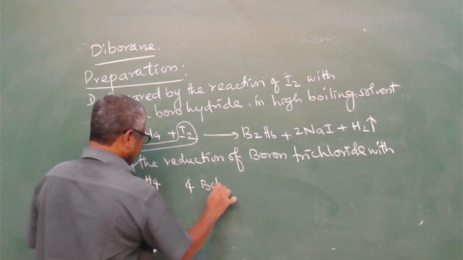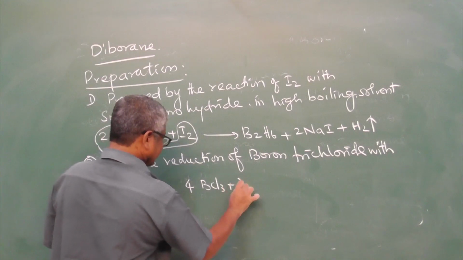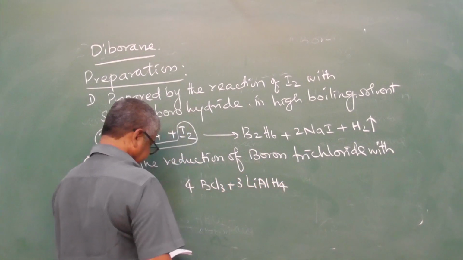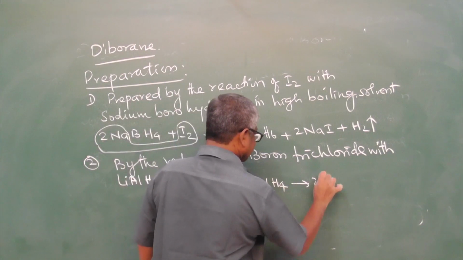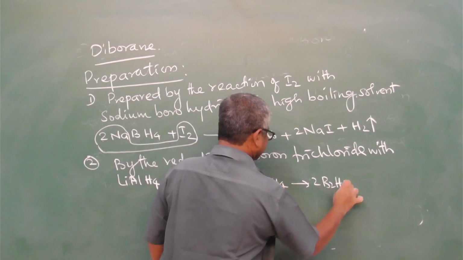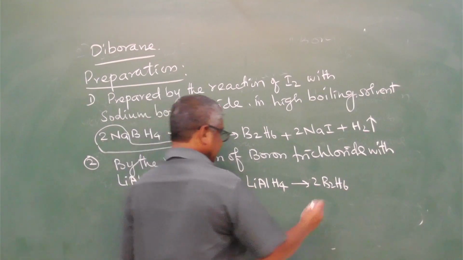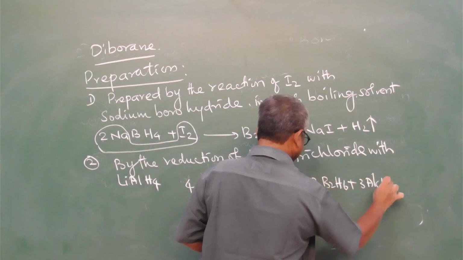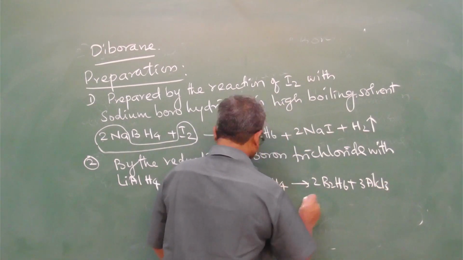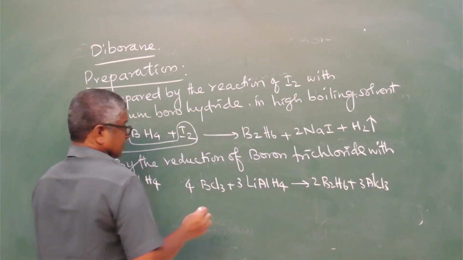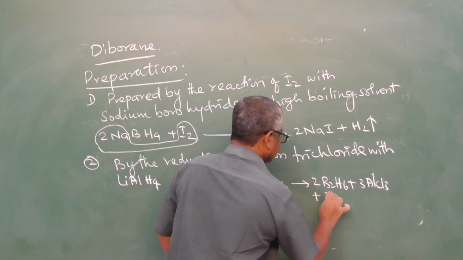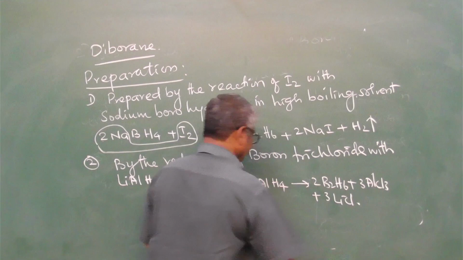Boron trichloride plus lithium aluminum hydride gives 2B2H6 plus 3 AlCl3 and 3 lithium chloride.